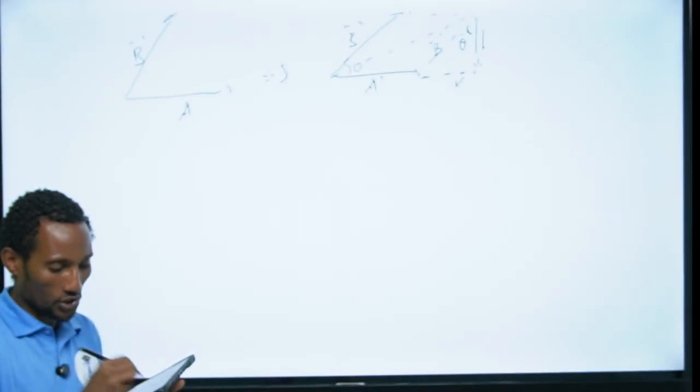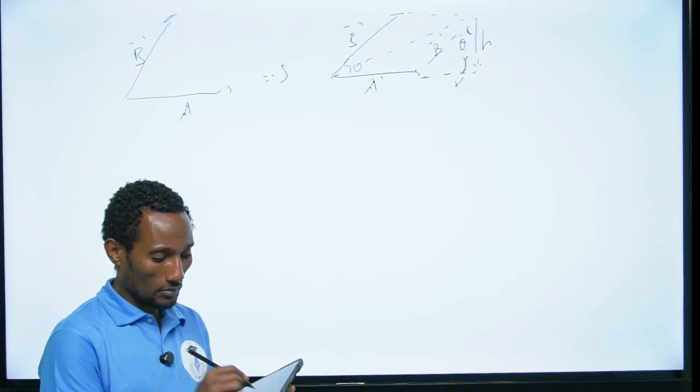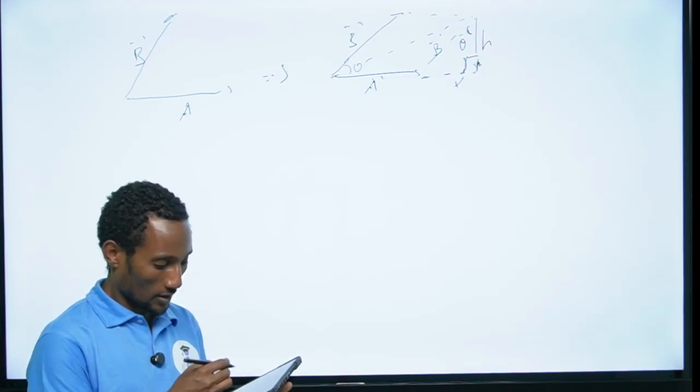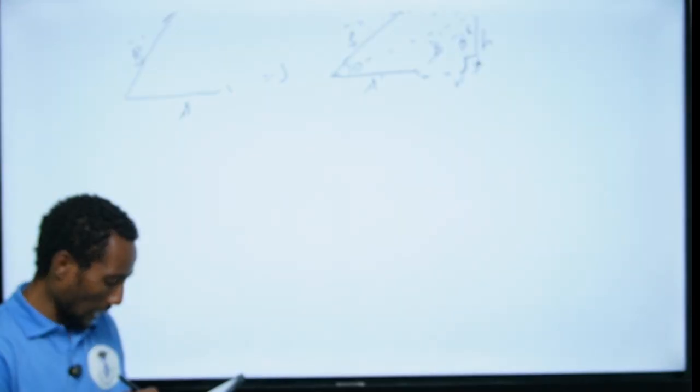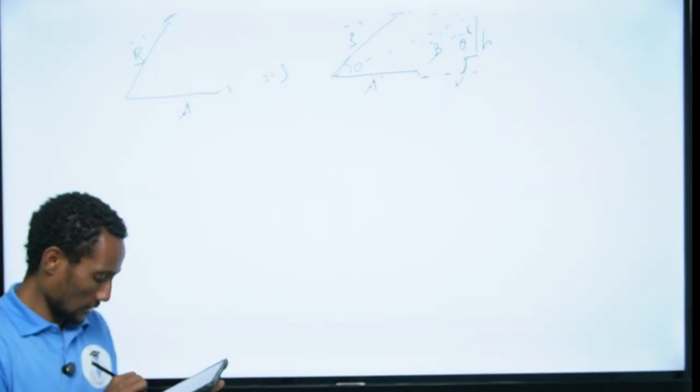Let's say this one is h. By having this, we can determine the parallelogram law, or what we call the cosine law.